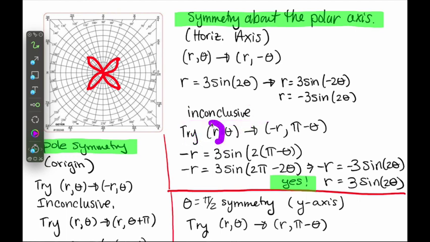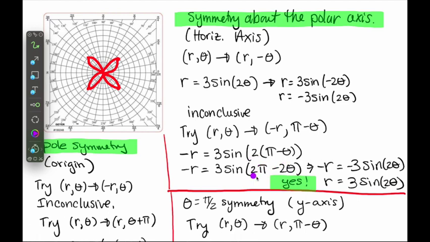We can replace r with negative r, and replace theta with pi minus theta. So here's my negative r. I have 3 sine, and I'm going to put in pi minus theta where theta was. Then I'm going to use some algebra to manipulate this. When I distribute this 2, I get 2 pi minus 2 theta.